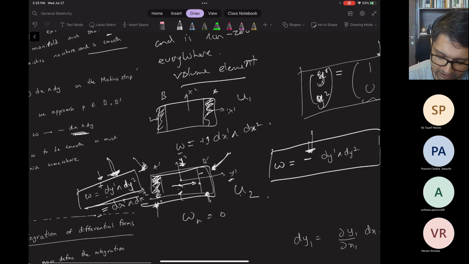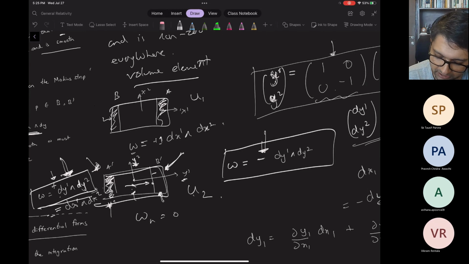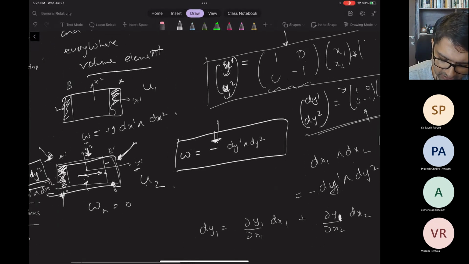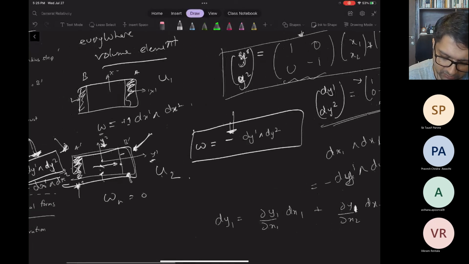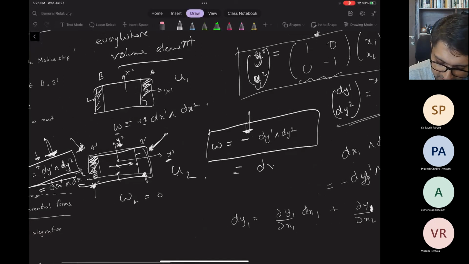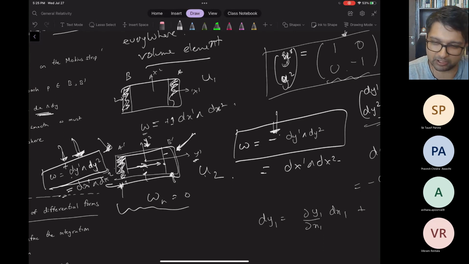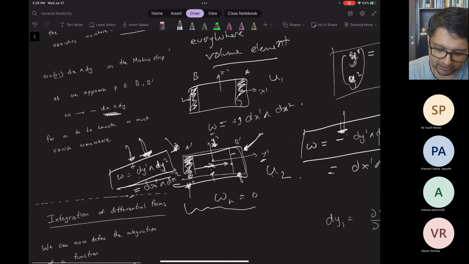And here in the overlap region, I will get omega as minus dy1 wedge dy2, which is exactly the same as dx1 wedge dx2 in the overlap region. But now the problem is that on this patch, omega must transition from dy1 wedge dy2 to minus dy1 wedge dy2, which means it has to go through 0 somewhere, if omega is smooth.